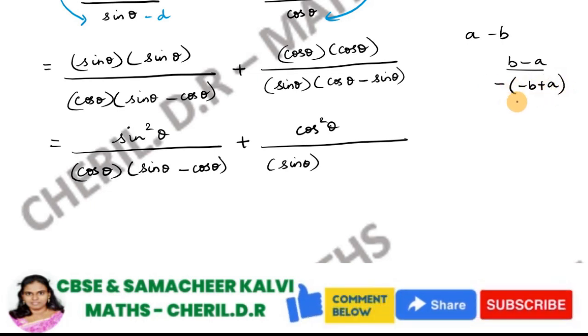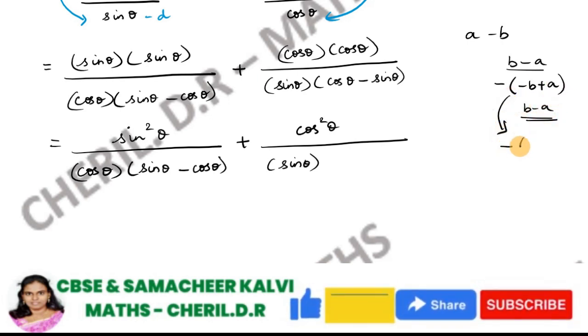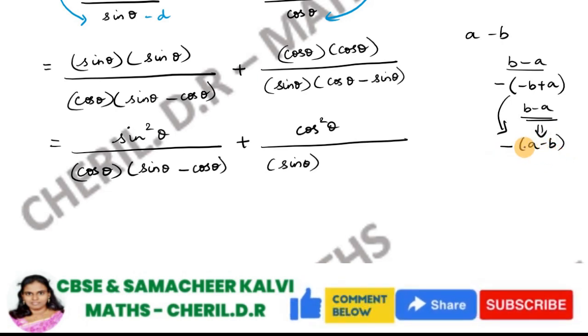So then what will I get? Then also I will get b minus a only. Okay, so this I can write as minus of a minus b. Correct? So this will be written as minus of a minus b. So I am going to take the negative sign outside.